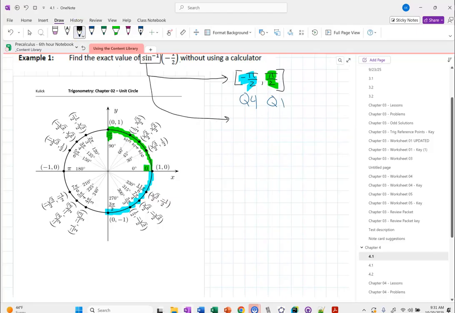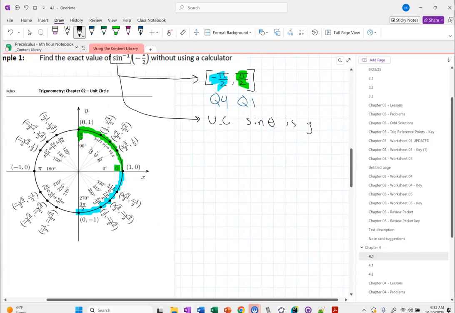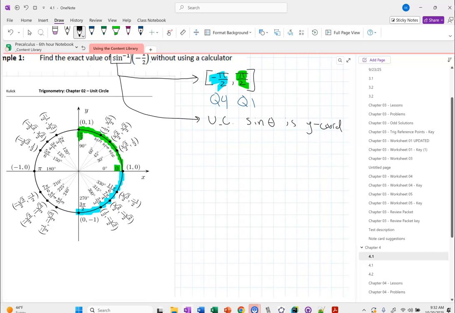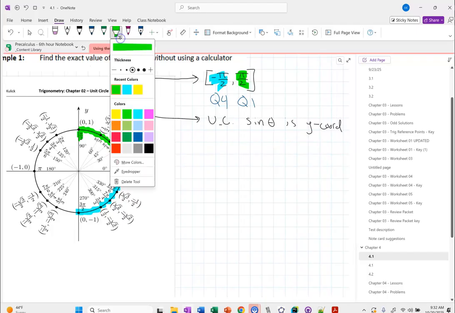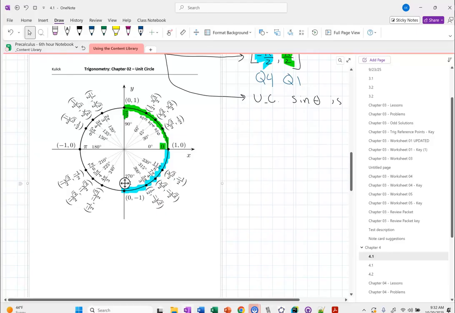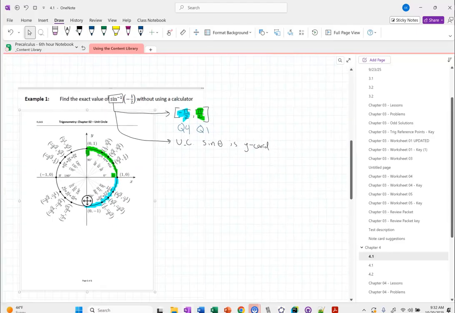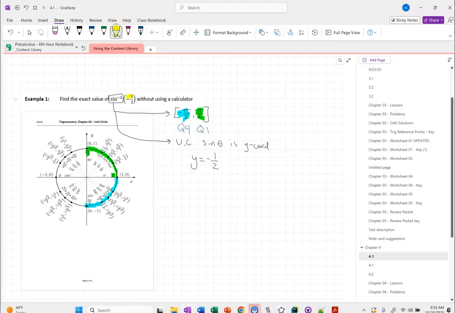Now, I remember on the unit circle, sine theta is, how do I find sine on the unit circle? It's the y coordinate. So I'm going to look for where the y coordinate is -1/2.